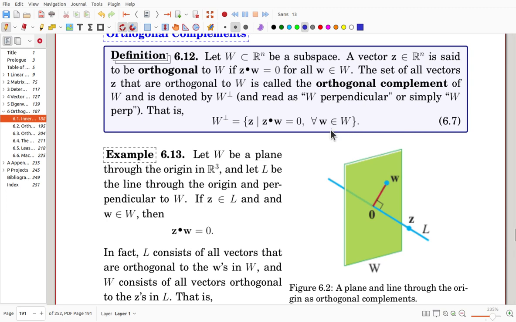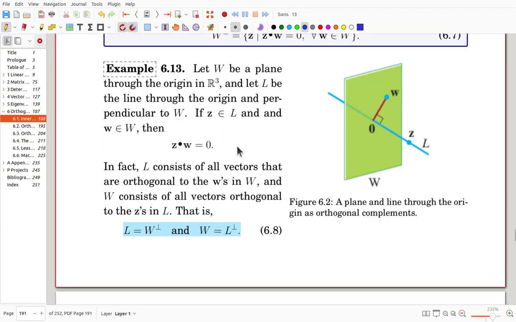Okay, let's see this example. W is a plane passing through the origin in R3, and L is the line passing through the origin and perpendicular to the plane. That is a normal direction of the plane.